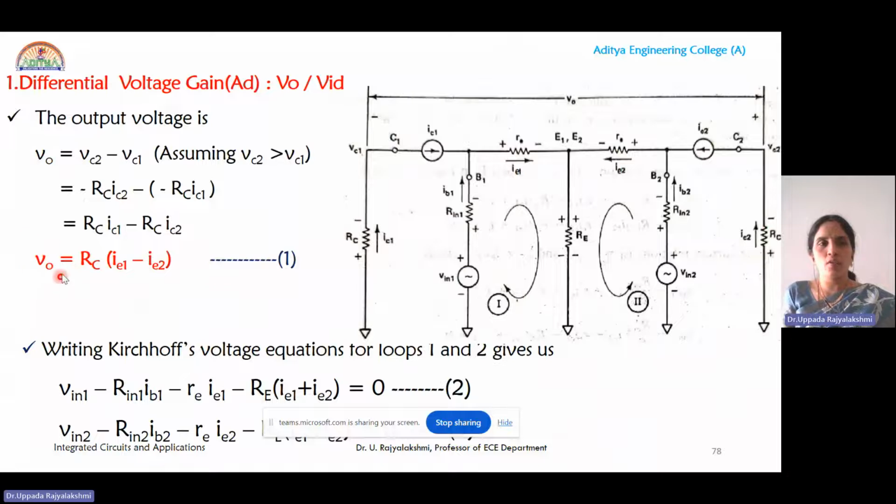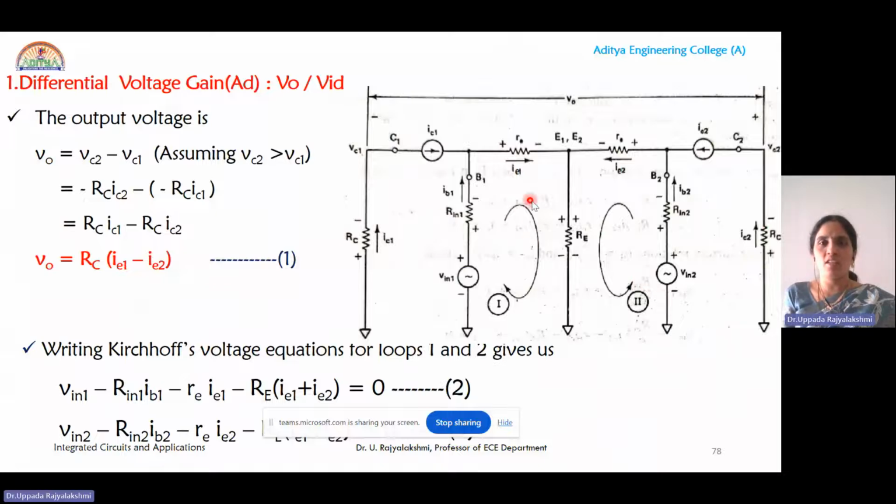Now, in order to calculate the voltage gain or output voltage, we have to calculate IE1 and IE2. IE1 is the current flowing through the emitter of the Q1 transistor and IE2 is the current flowing through the emitter of the Q2 transistor.